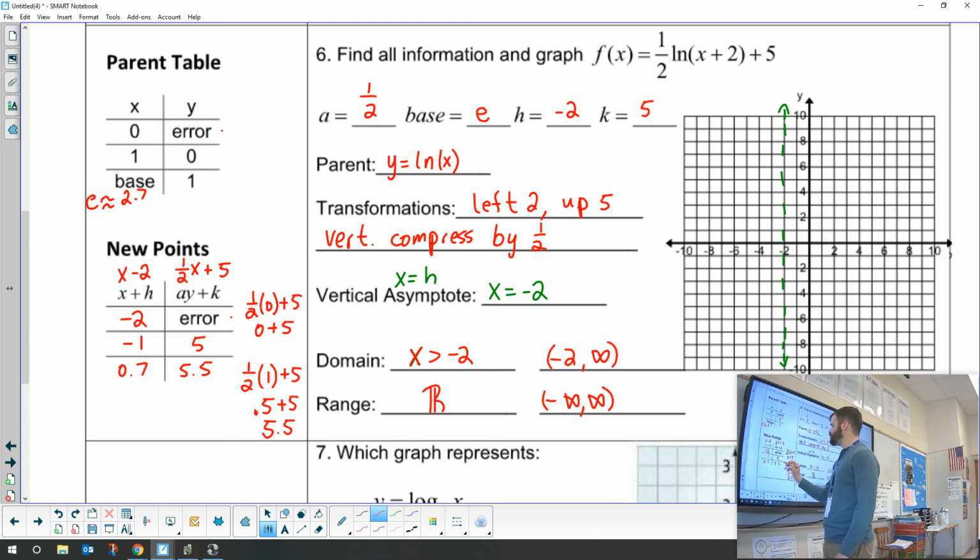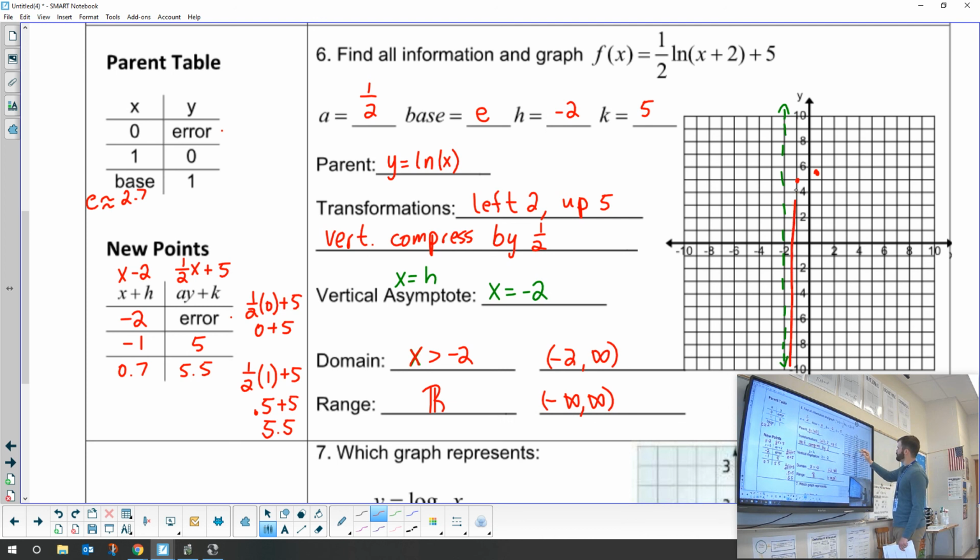So here are some points to put on the graph. We're going to have a point at negative 1, 5, and we're also going to have a point at 0.7, so a little over halfway to 1, up to 5.5. So that's about right there. Like I said, it doesn't have to be perfect. Then, it didn't flip, so we're just going to hug this asymptote, catch those 2 points, and go to the right.